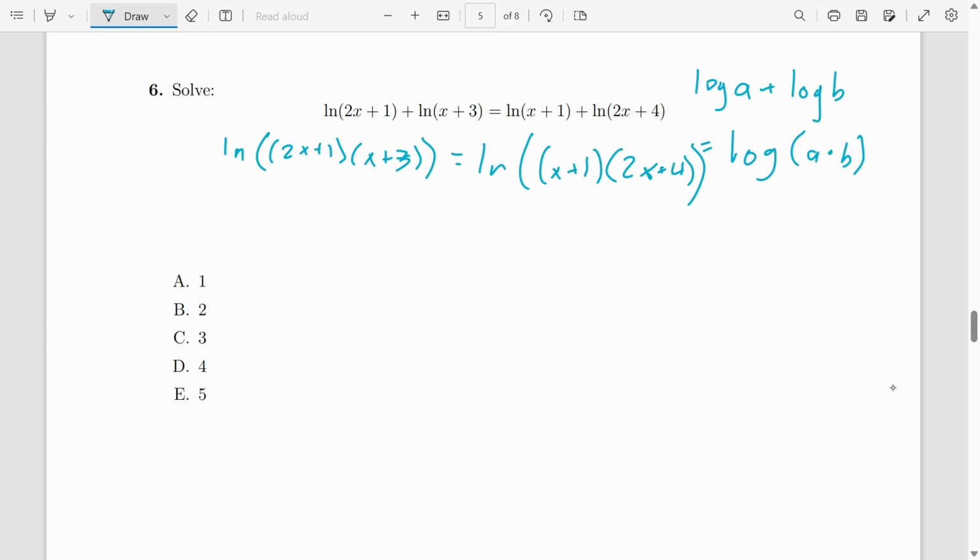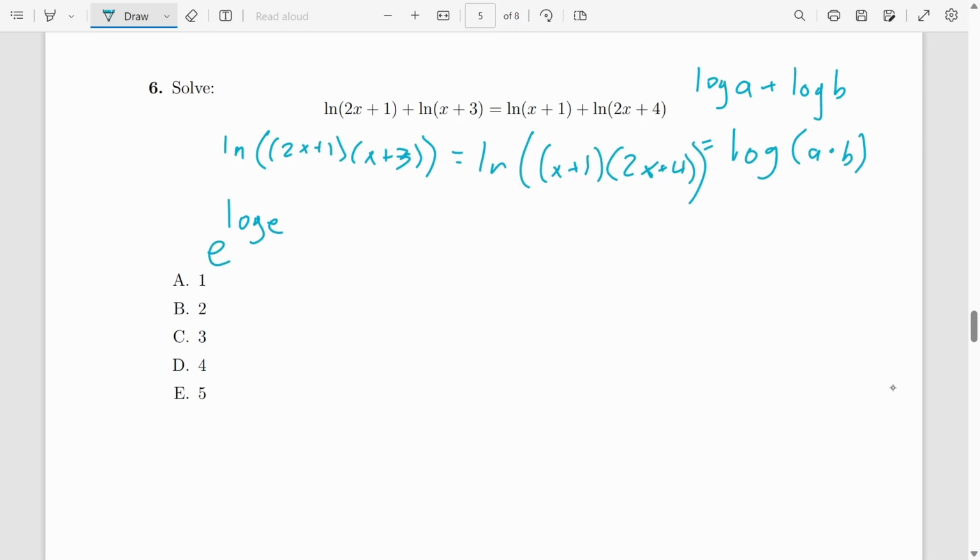Now, another trick we can do: remember that ln is just log base e. Whenever we have a log all by itself on one side, which we do, you can treat both sides as exponents with a base that's the same as the base of the log, and then whatever you have inside is what's remaining.